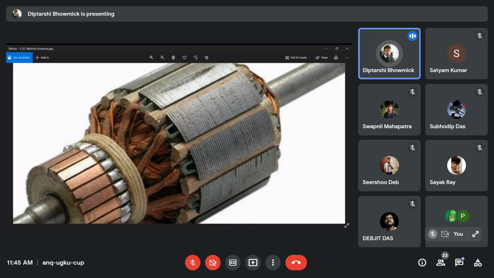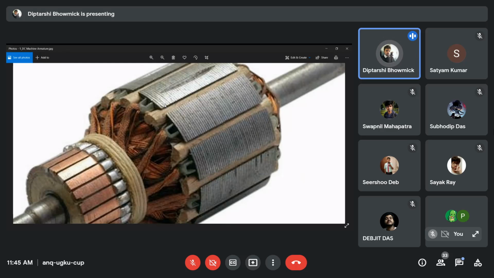What we actually do is place these wedges over here so that the armature windings don't come out of the slot when they rotate. Because you have already learned in physics in class 11 or 12 that whenever any particle rotates, a centrifugal force is exerted on it, and that centrifugal force always tries to move that particle away from the center, isn't it?